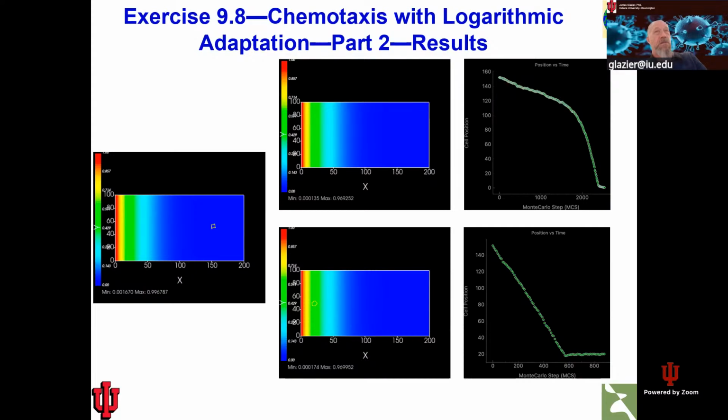And when the chemical concentration is high, they produce fewer receptors, so they become less sensitive. So they dynamically adapt their sensitivity. This assumes that the adaptation is instantaneous, that the cell changes its sensitivity immediately. In reality, there's a bit of a delay to that.